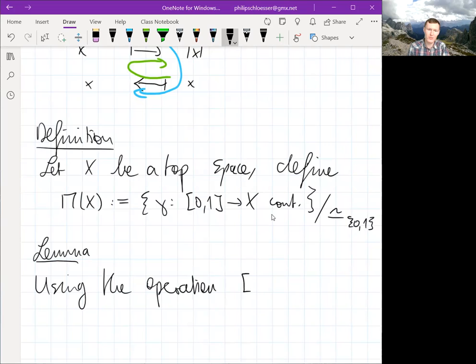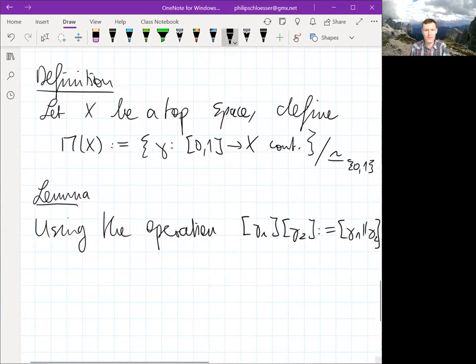So we can define an operation on equivalence classes of two paths. We call this concatenation of the paths.